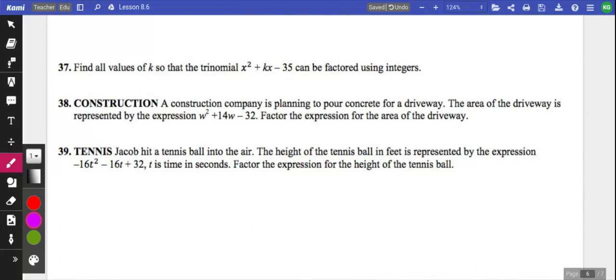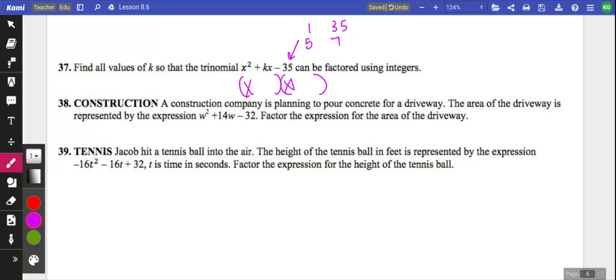Find the values of k so that the trinomial x squared plus 5kx minus 35 can be factored. So we know it's going to be x and x, and we are looking for things that multiply to be 35. So 1 and 35, 5 and 7 are our only options.